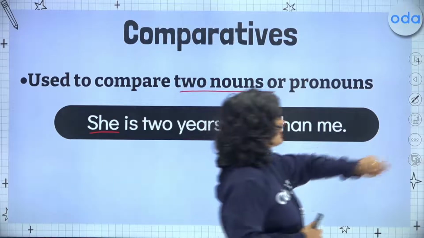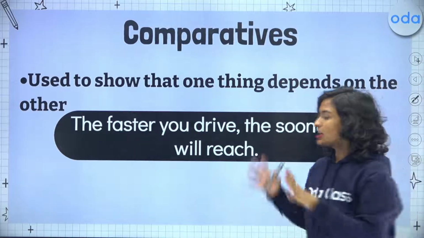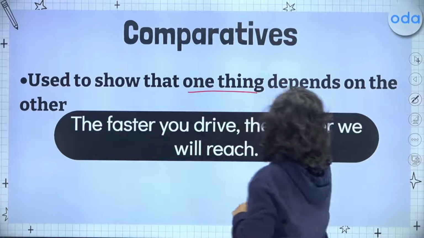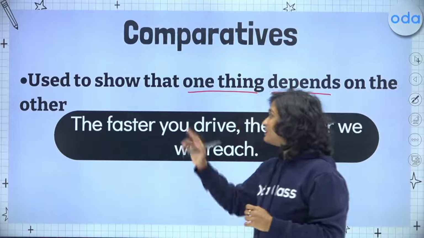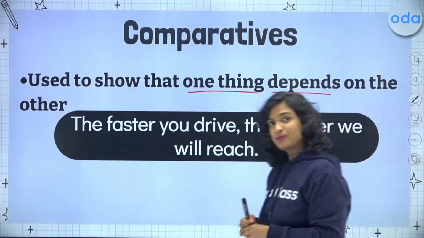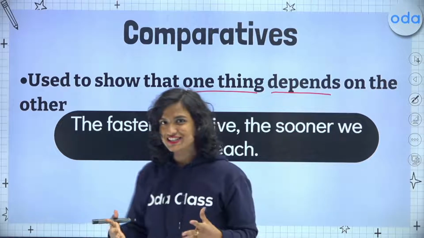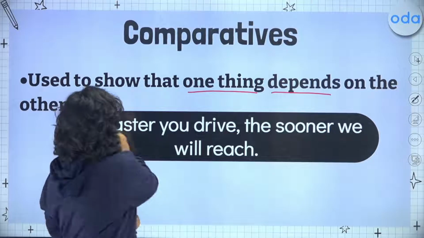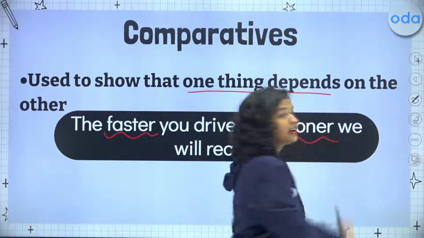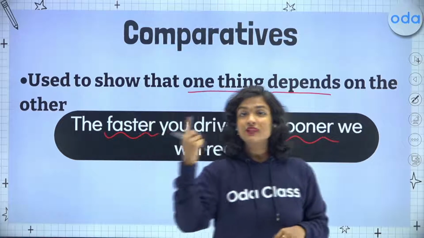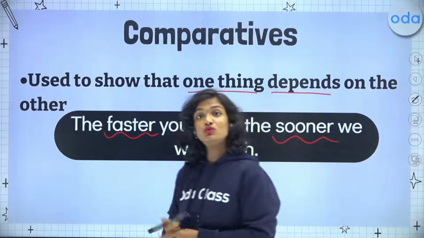The second use of comparative adjectives is to show that one thing depends on the other. For example, the faster you drive, the sooner we will reach. Students, notice here that we have actually used 2 comparatives. Firstly, we have said faster, and second, we have used sooner.